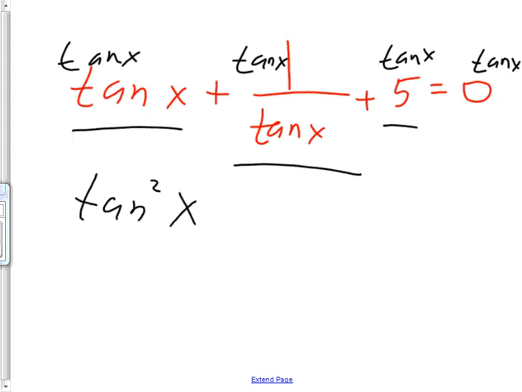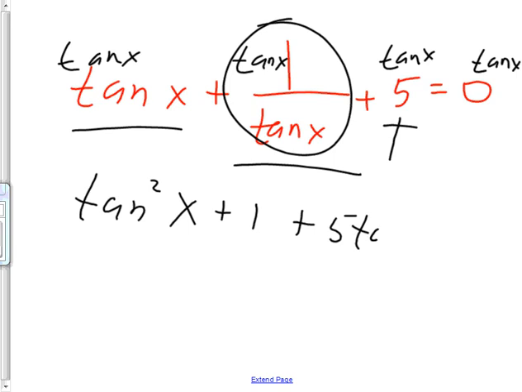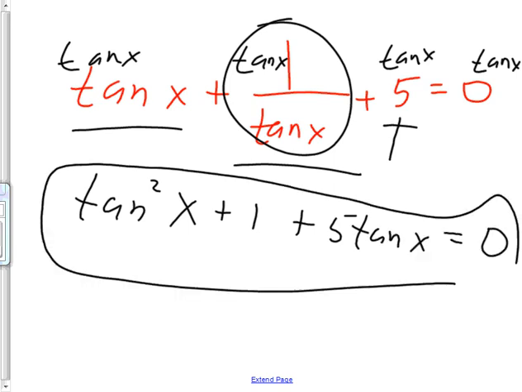They turn into quadratics. This one, tangent over tangent, is a 1. And 5 tangent x turns into 5 tangent x. So there's a quadratic again. It's got something squared. It's got a regular one. It's got a constant. And it equals 0. All right. That's all I got for you today.